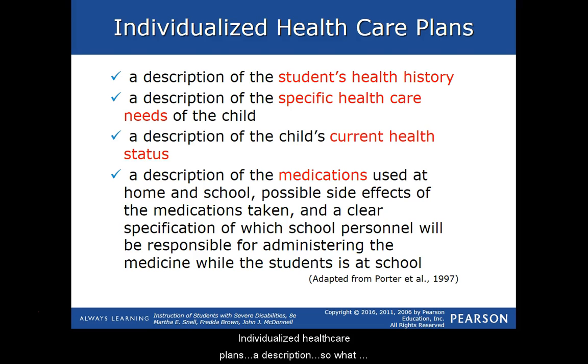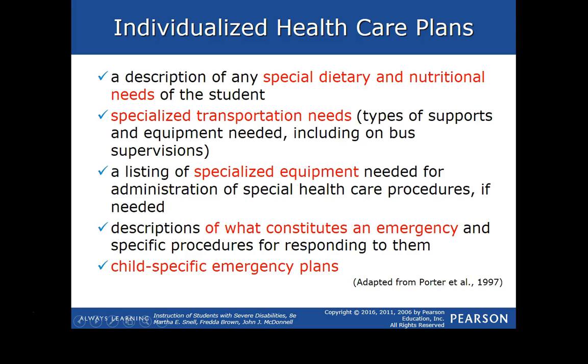Individualized healthcare plans. What is included in that? A description of the student's health history, a description of the specific healthcare needs of the child, a description of the child's current healthcare status, a description of the child's medications that they've been using, and a description of the medication, so possible side effects may want to be included, and a clear specification of which school personnel will be administering and responsible for administering medications.